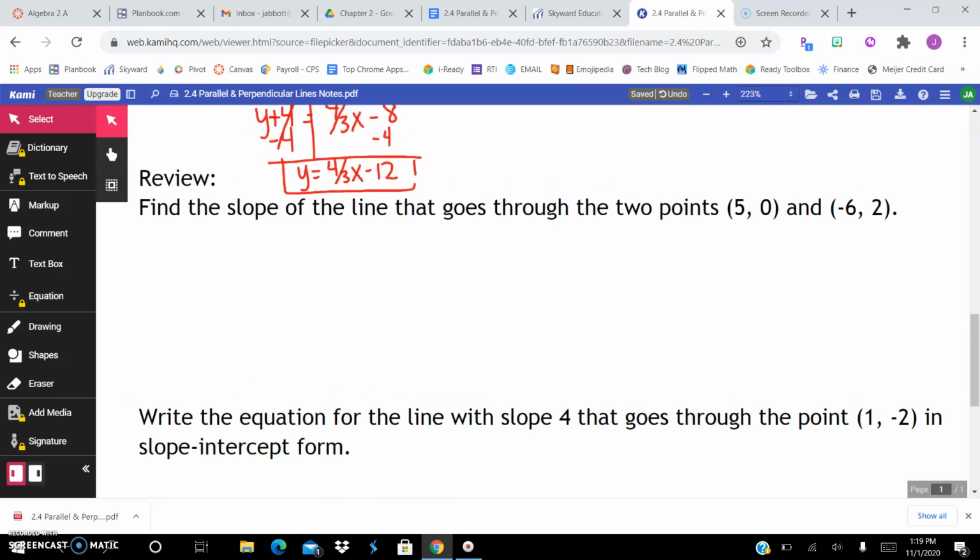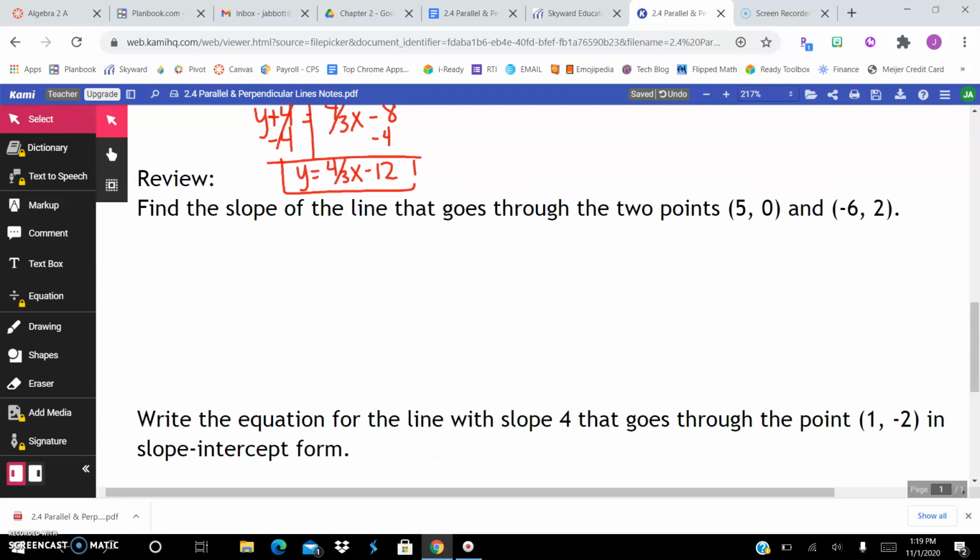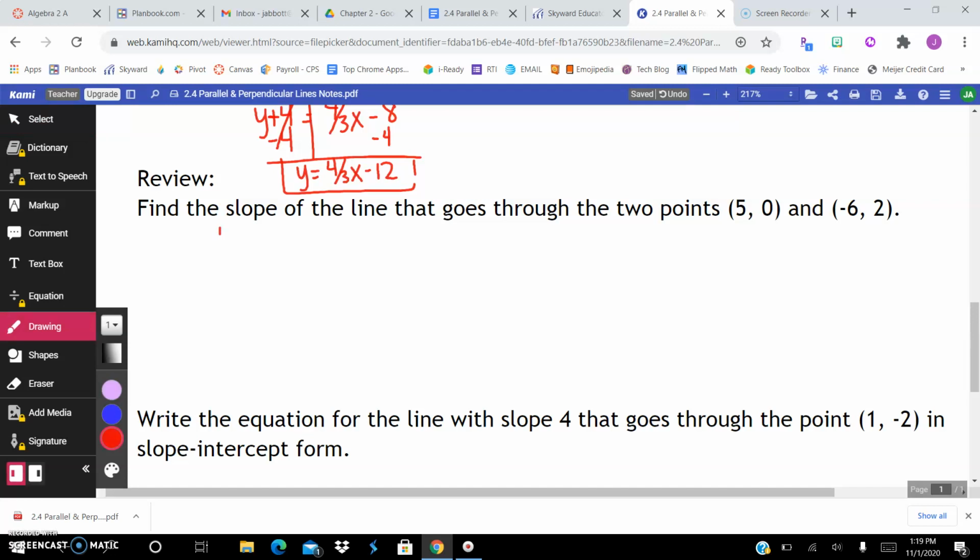For a review question, I have: find the slope of the line that goes through these 2 points. So we're going to use y2 minus y1 over x2 minus x1. Remember, you have point number 1 and point number 2. So y from your second minus y from your first: -2 minus 0.